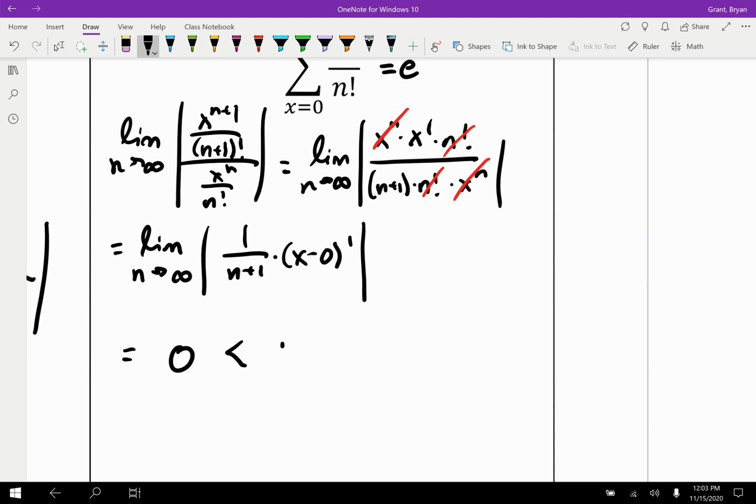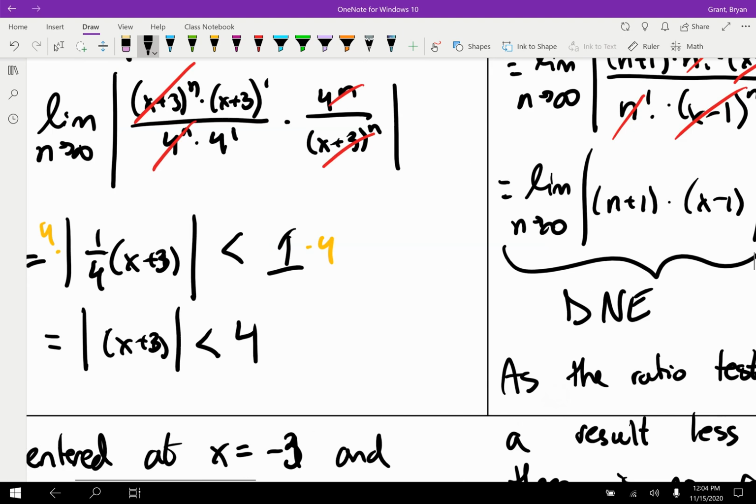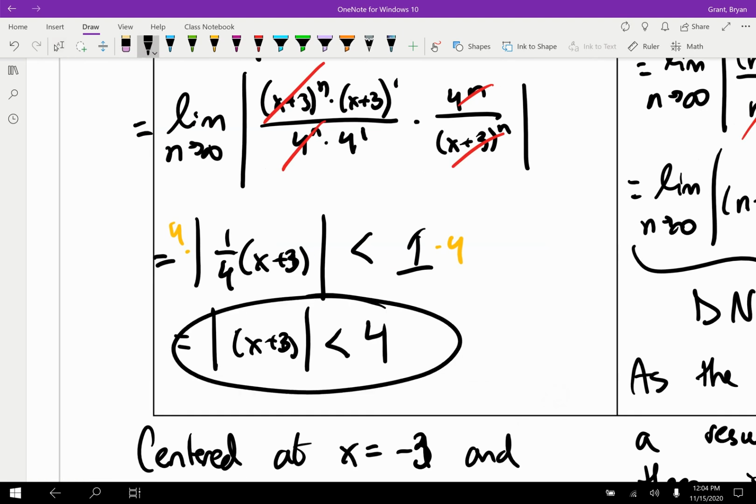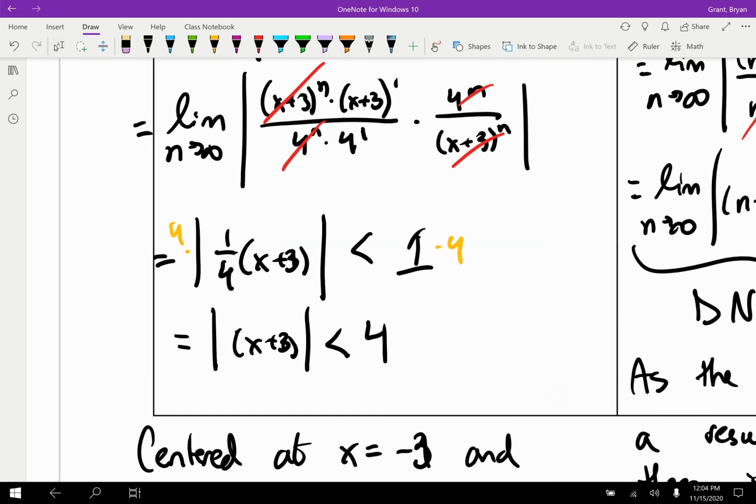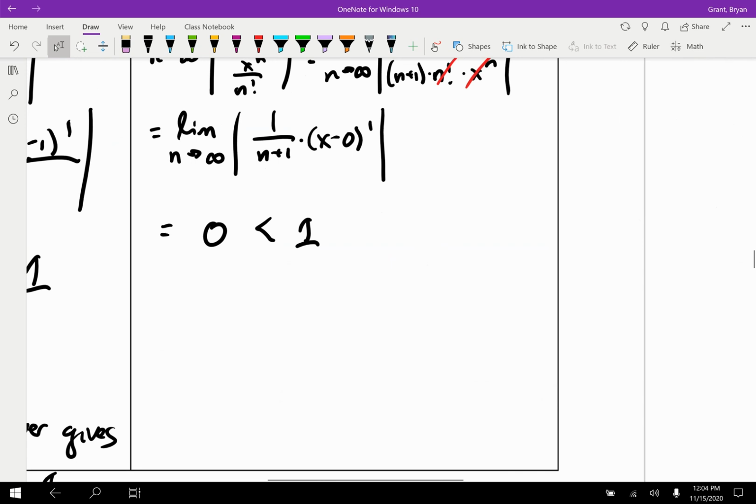And isn't 0 always less than 1? Always less than 1. And that's very different to what we got over here, right? This said x has to be specific values to make it less than 4. But here, all the x's canceled, and we got an answer that is always true. So you can think of this as infinitely many solutions, but what really is happening here is that our radius is infinitely large.